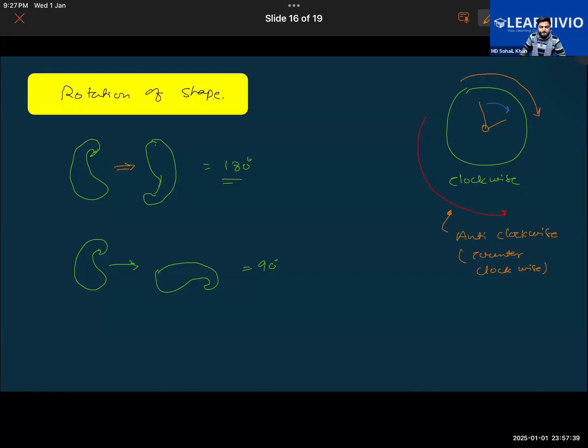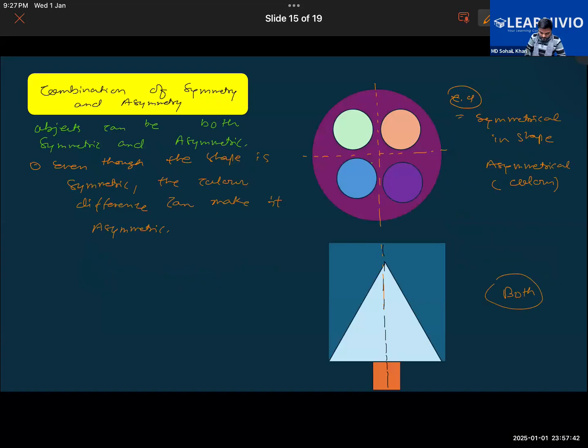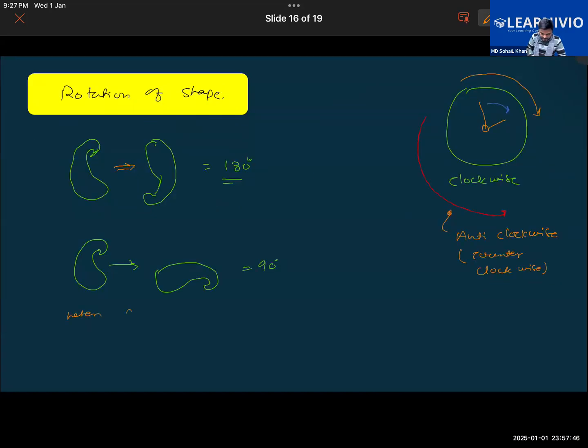Write down that when a shape turns clockwise or anti-clockwise around a fixed point, it is important that it is moving around a fixed spot, so it does not go from its place to some other.